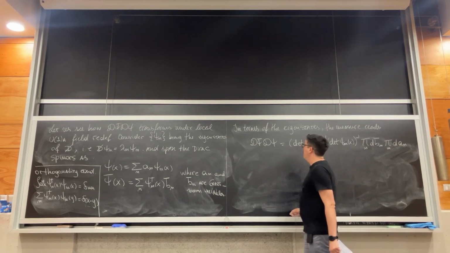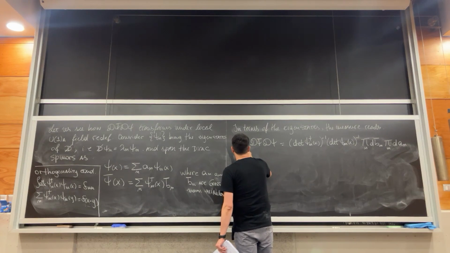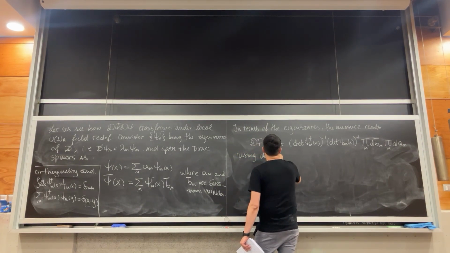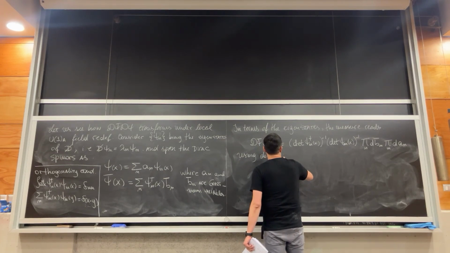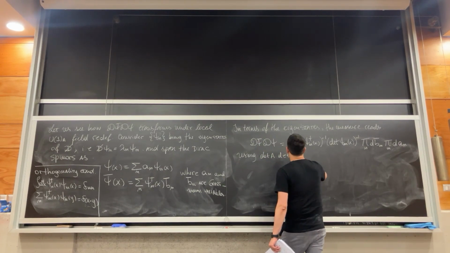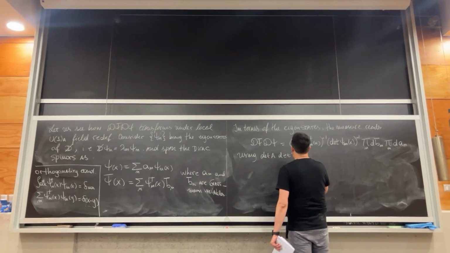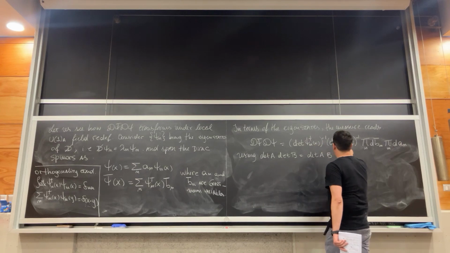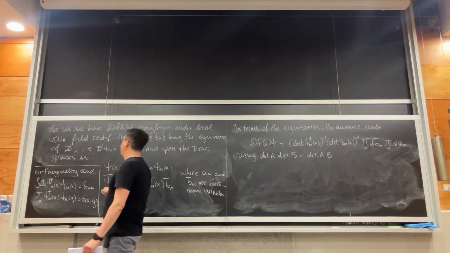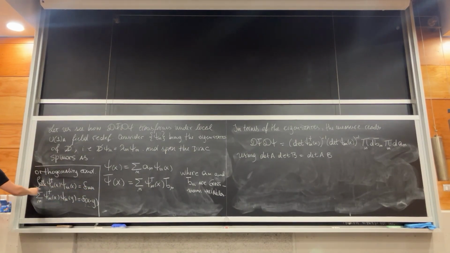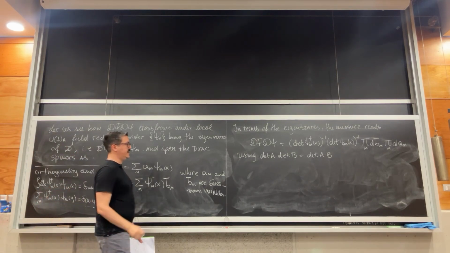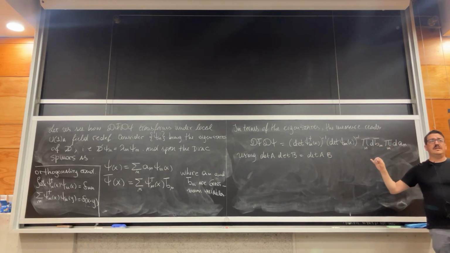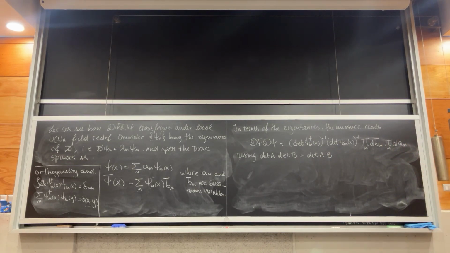But if you use the relation that the product of two determinants is the determinant of the product, and they are operators, but to take the product you use this way of doing the product, and we know that these are orthogonal. So this will give you the determinant of a delta, and the determinant of a delta is equal to 1.